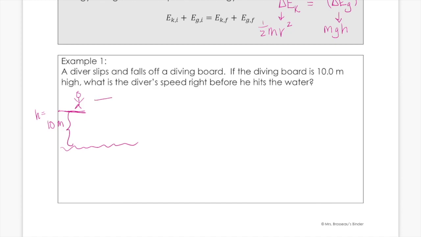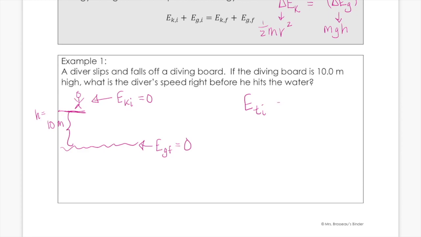At this point, because the person is not moving to begin with, their initial kinetic energy, EKI, is going to be 0 joules. Once they hit the water, our water is our low point, so this would be considered our final gravitational energy of 0.